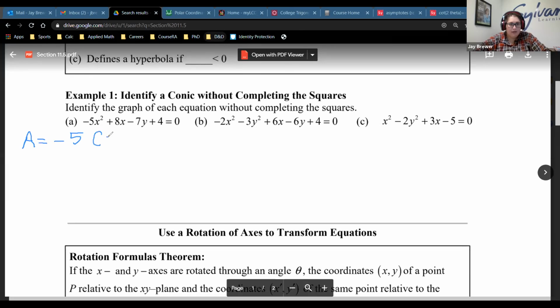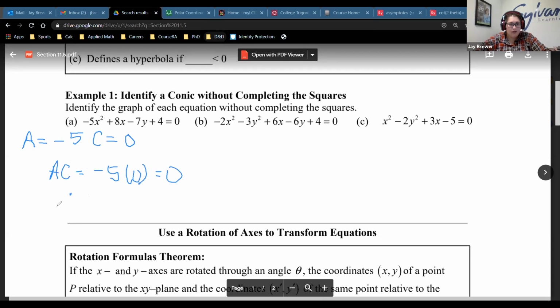So what do you recognize is your C? 0, very good. So then when we take A times C, we're really doing negative 5 times 0, which gives us a 0.